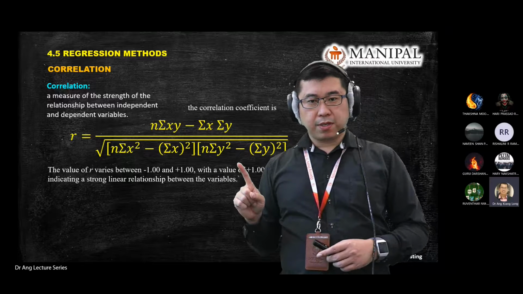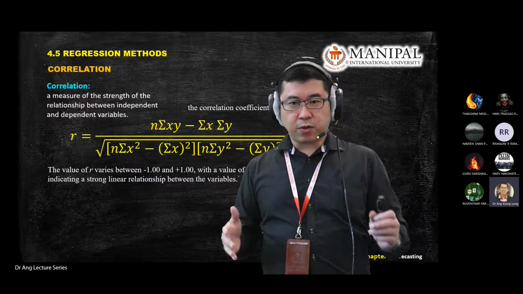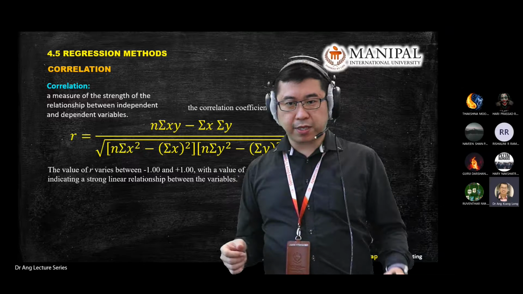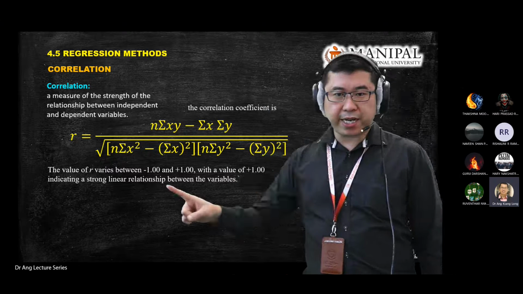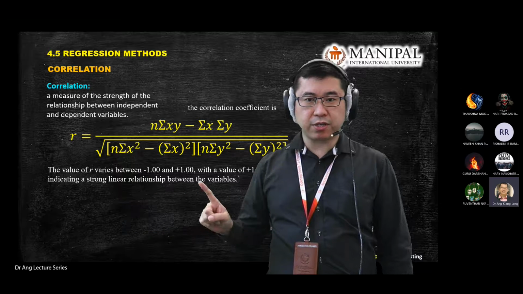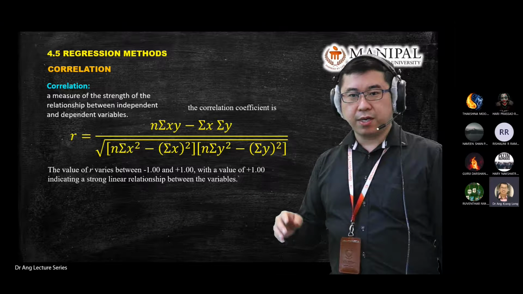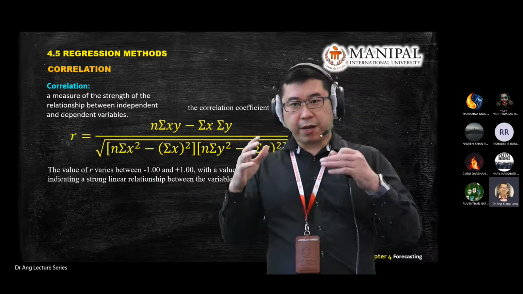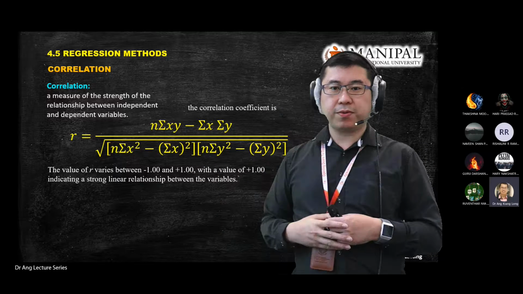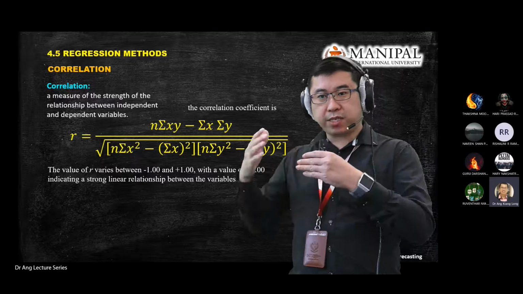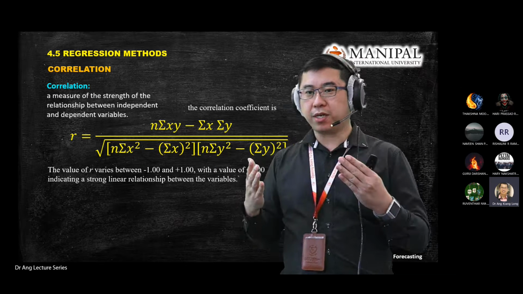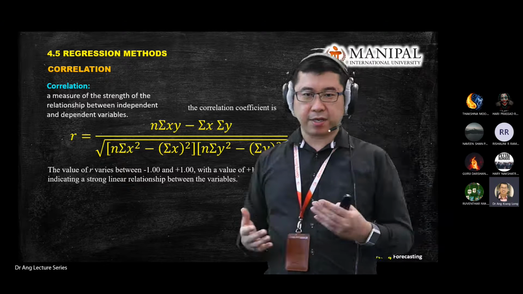Since you have the range of correlation, negative and positive, a value of positive 1 indicates a strong linear relationship between the variables. If you have a value towards positive 1, it means there is a relationship between A and B.